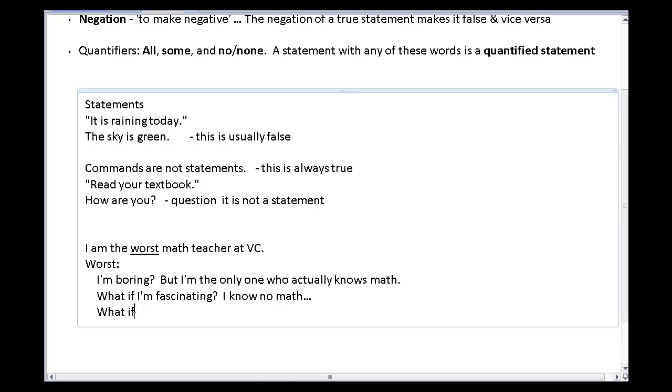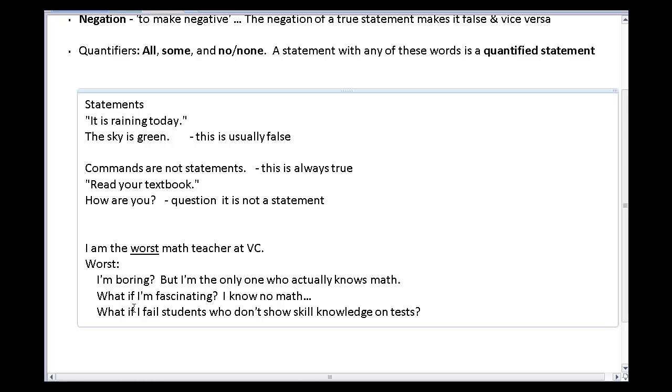What if I fail students who don't show skill knowledge on tests? Well, students who pass my tests probably like that because I've made them part of the elite, the ones who did pass things. But to somebody who does fail a test, and fails the class, maybe they don't like me all that much. So this idea of worst is very vague.